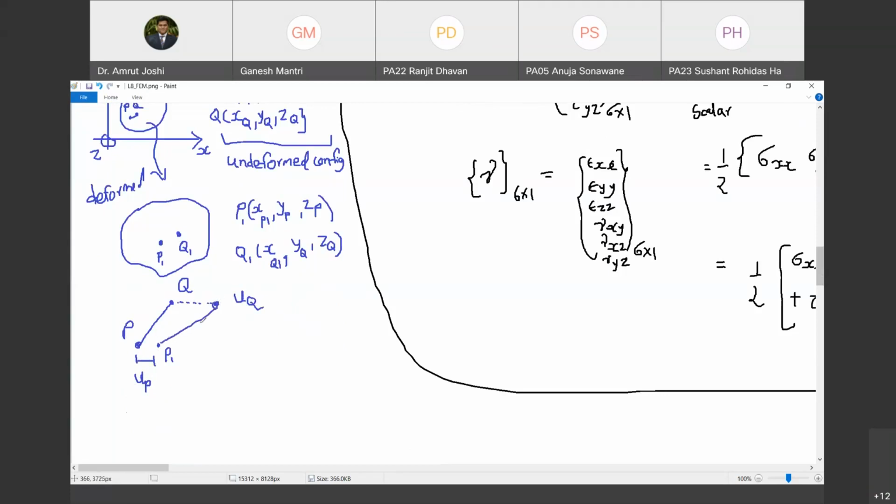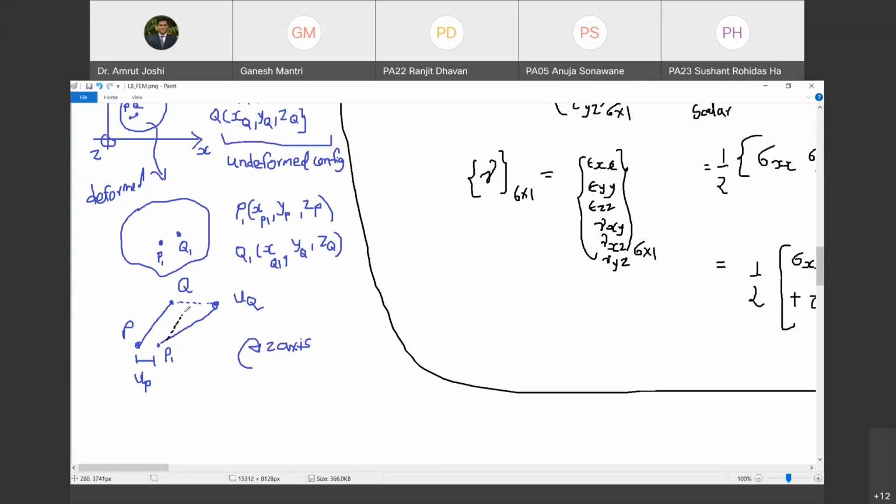Has this line element rotated about the Z axis? From the undeformed configuration to the deformed configuration, is there a rotation? I will draw a line parallel to the original PQ.